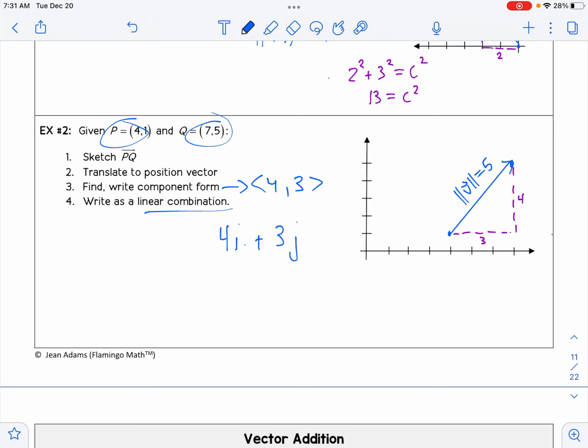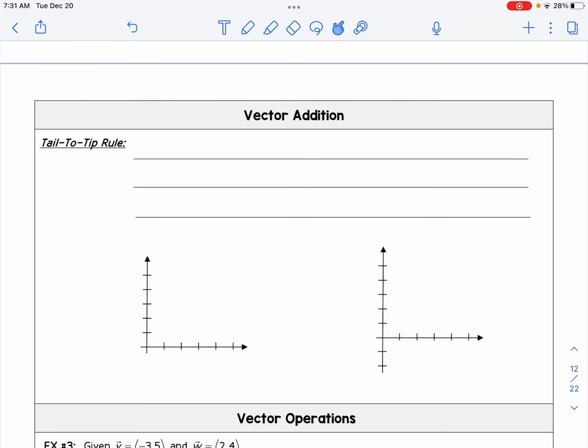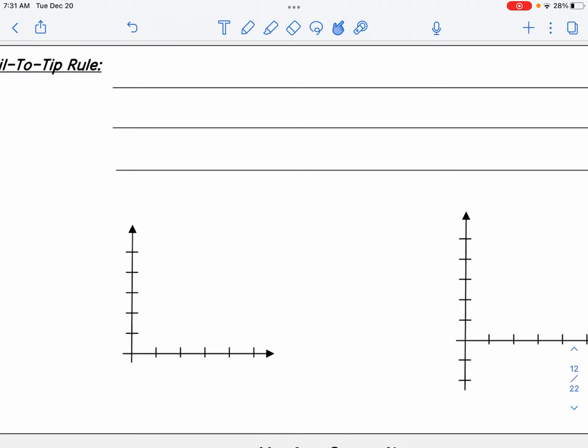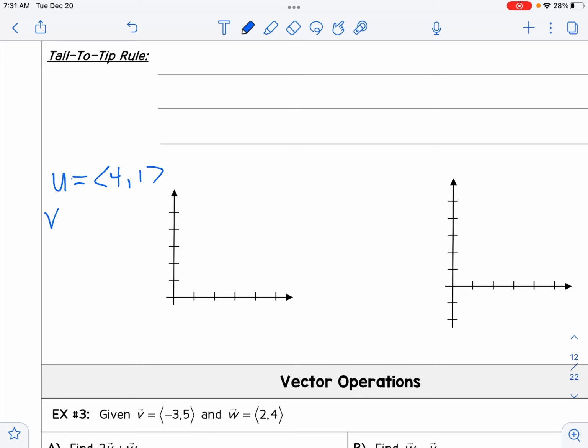All right, so what about vector addition? So, tail to tip rule. Basically we're going to slide one vector so that the tail of it is connected to the tip of the other vector. So what we'll have here, if we're doing something like vector u, let's call vector u 4, 1. Let's call vector v 1, 3.